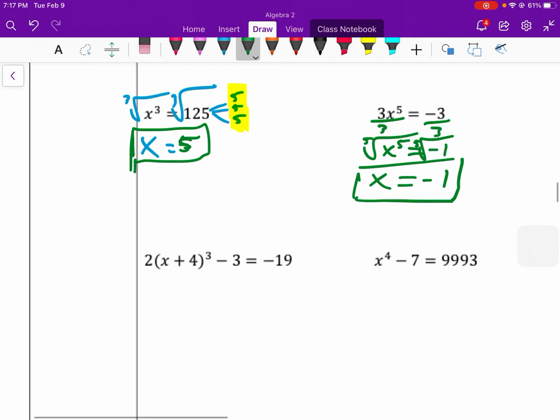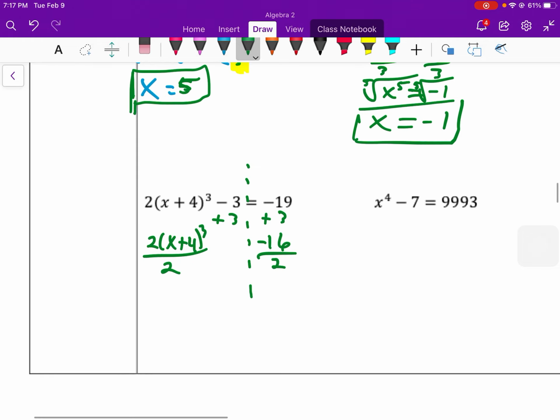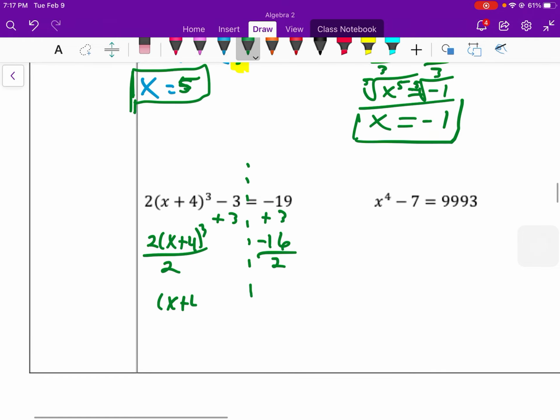And then now for this next one, similar, more steps added, but familiar. So we're going to want to add 3 to both sides, just doing the proper steps for solving for x. So we then have 2 times x plus 4 cubed equals, this would be negative 16. Next we would have to divide both sides by 2, so we have x plus 4 cubed equals negative 8.